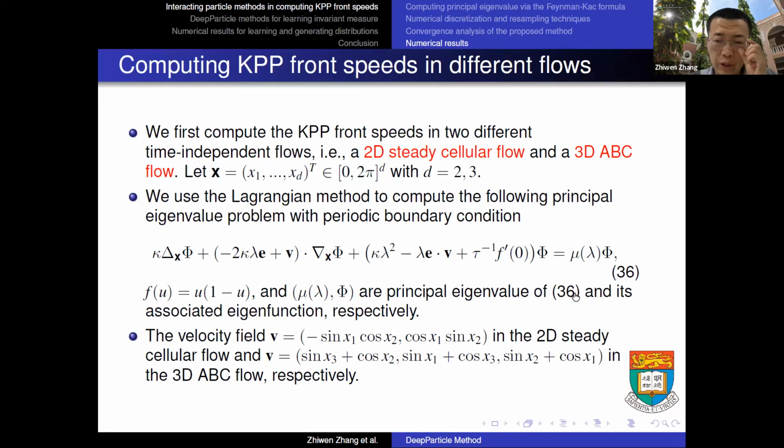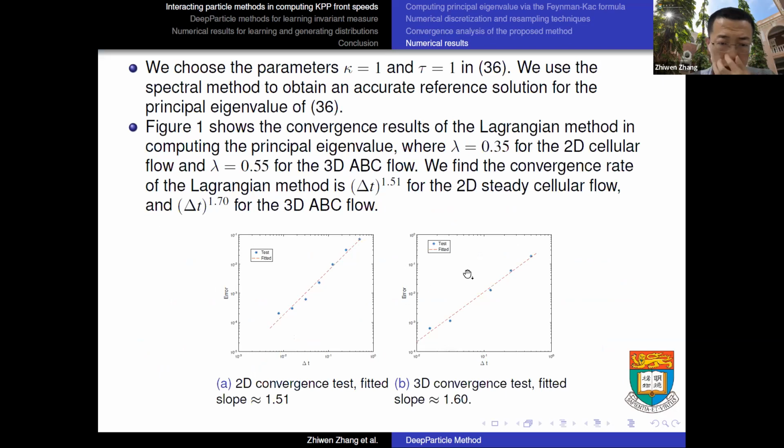The reference solution is obtained by the spectral method. Here are some convergence results. It's much better than the error analysis, because the error analysis is very rough.